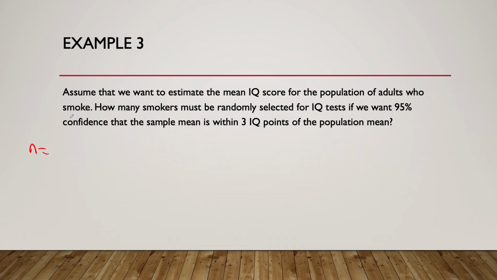From that last slide, we had this formula of z sub alpha divided by 2 times sigma, divided by the margin of error, and we are squaring this entire value. z sub alpha divided by 2 we have previously seen as 1.96, times the population standard deviation, which we are going to assume for this is equal to 15, divided by the margin of error of 3 IQ points.